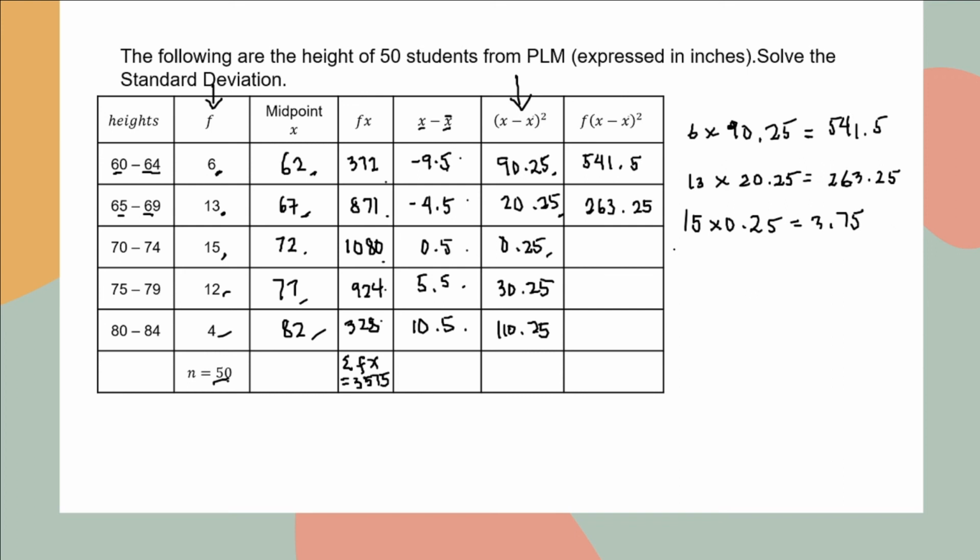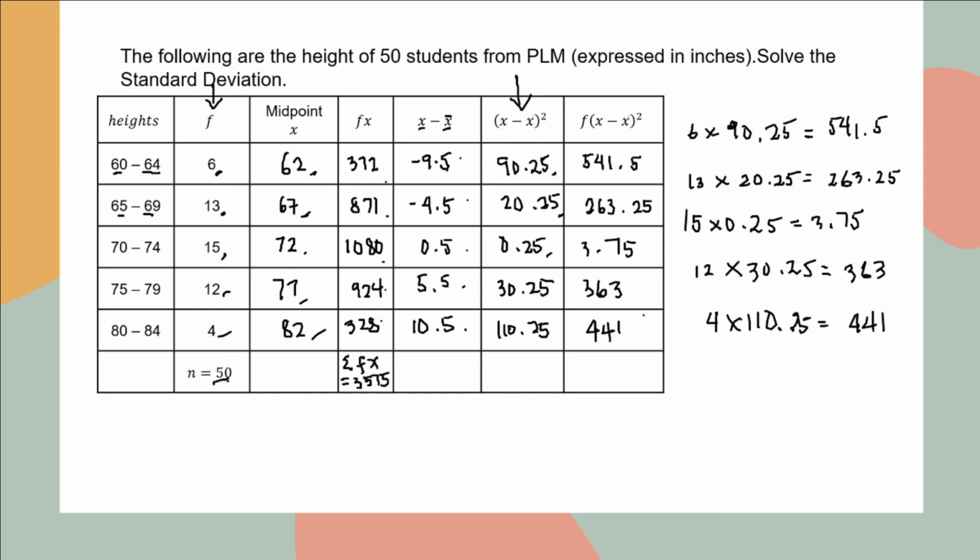Next is 12 times 30.25. The answer is 363. Next is 4 times 110.25. The answer is 441.